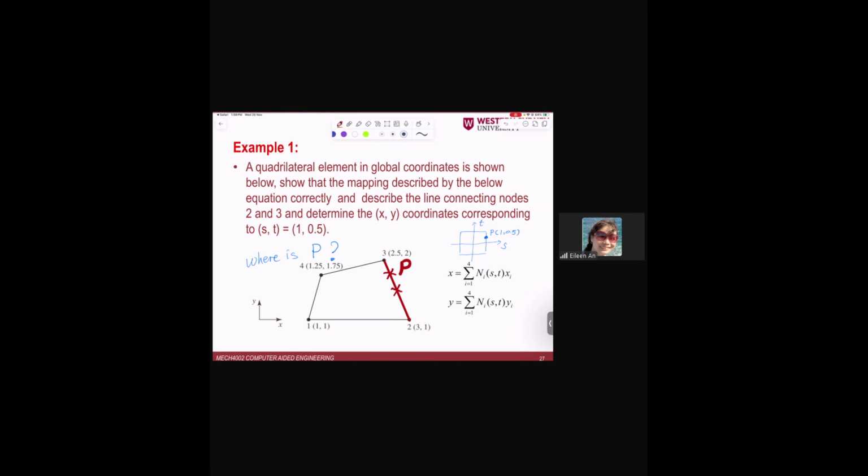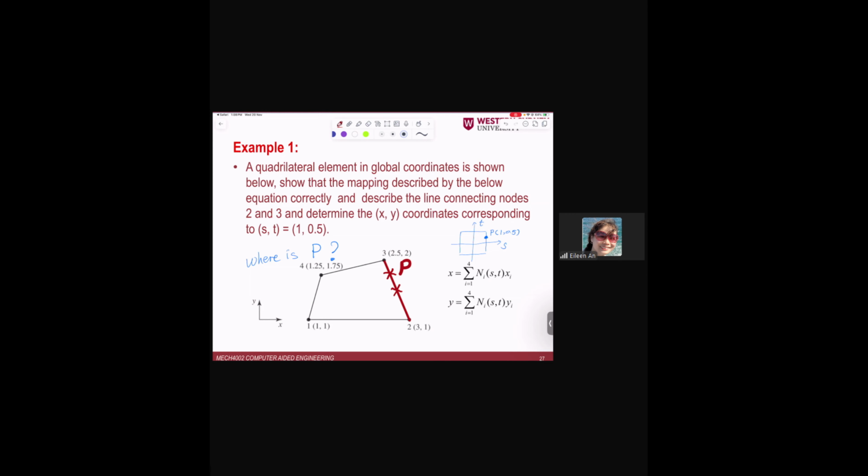Okay, of course. For this P, we can use this way to find the coordinates of P in its local coordinate system. And now if I'm asking, where is Q? And this Q has a coordinate of 0.5 and 0.5.